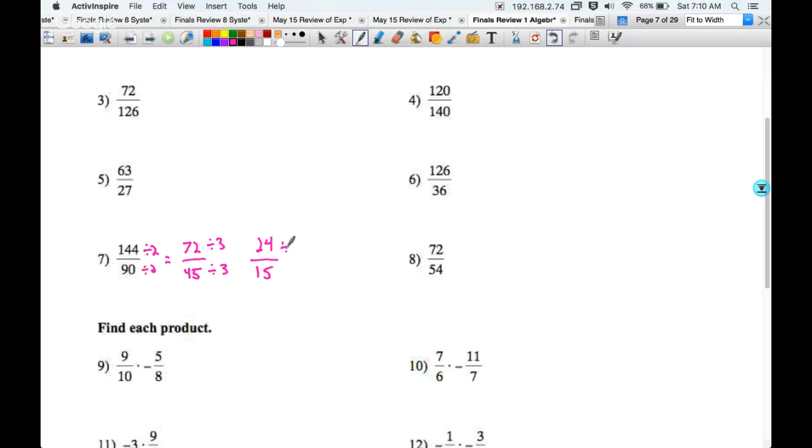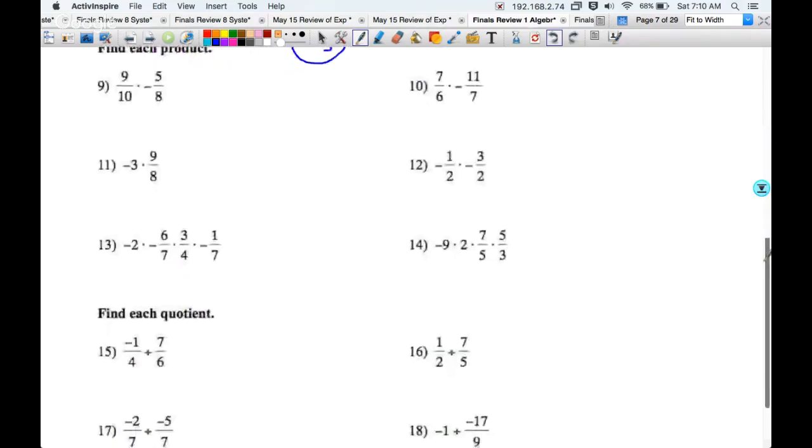Again, they're both divisible by 3, so I can divide the top and the bottom by 3. And I get 8 over 5. To write this as a mixed number, we ask how many times 5 fit into 8? 1 time with 3 left over. 1 3/5.